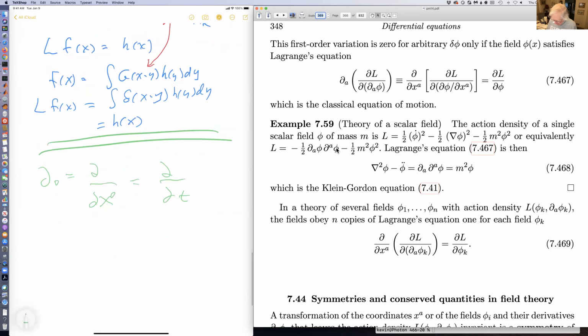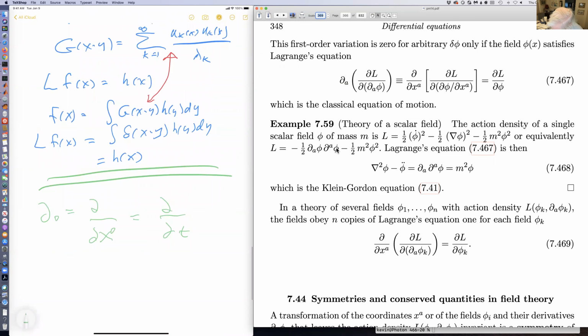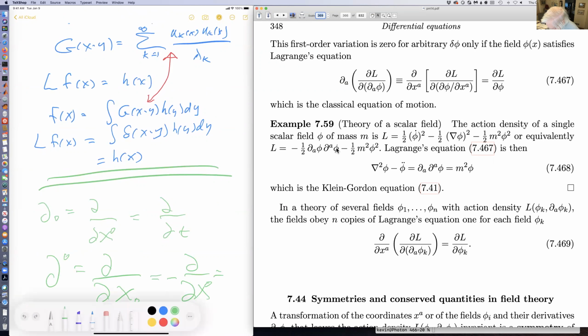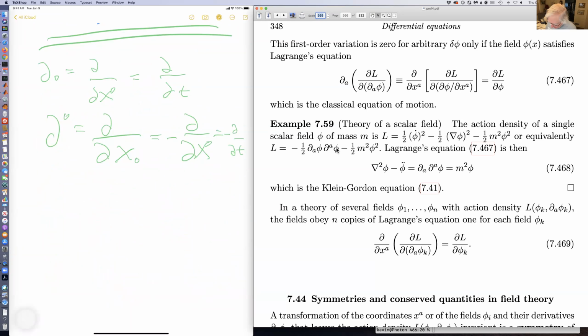But d upper 0 is partial x lower 0, which is minus partial upper 0, which is minus partial t.